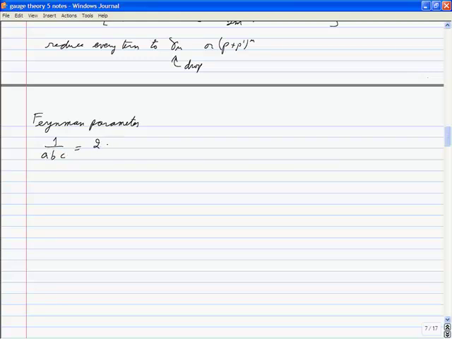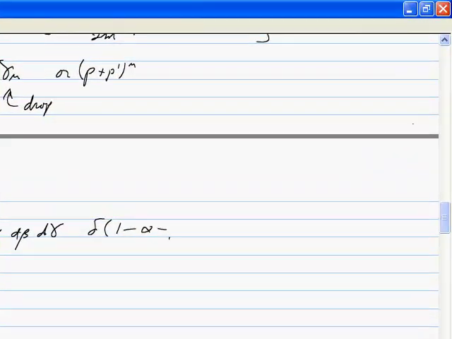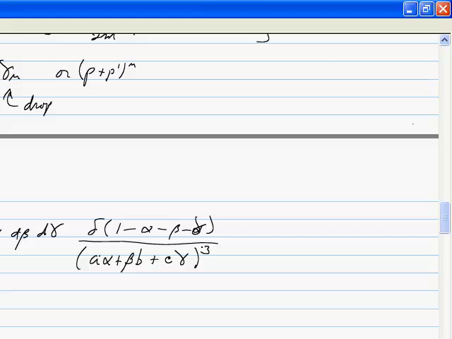is 2 integral 0 to 1, 0 to 1, 0 to 1, d alpha, d beta, d gamma, delta of (1 minus alpha minus beta minus gamma), over (A alpha plus B beta plus C gamma) cubed.